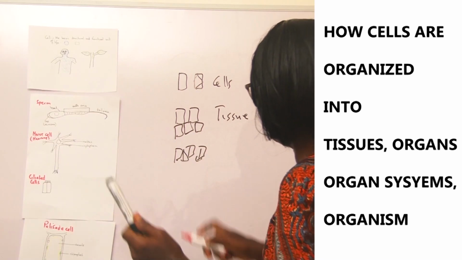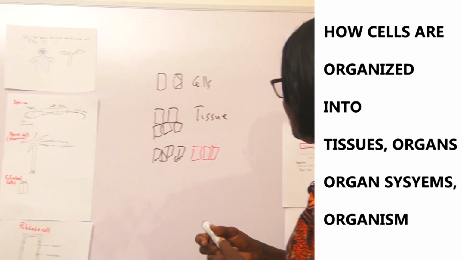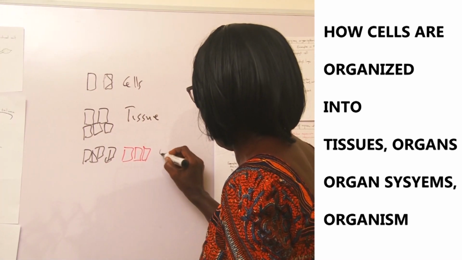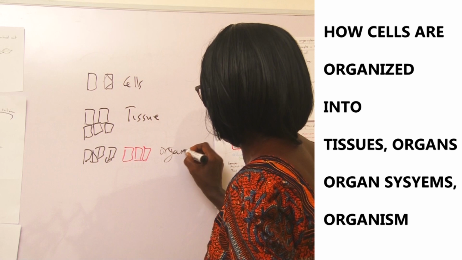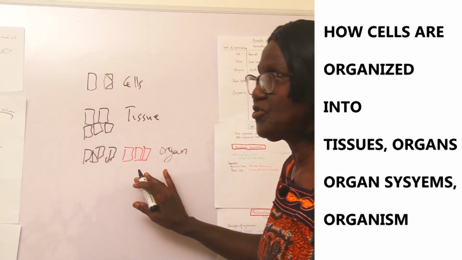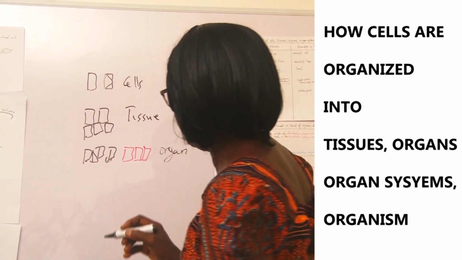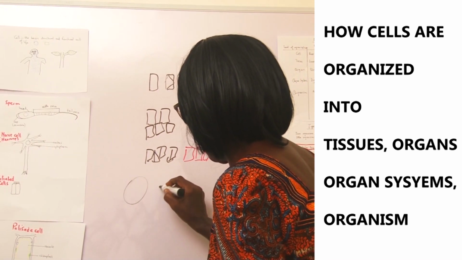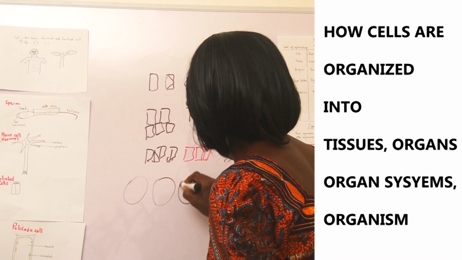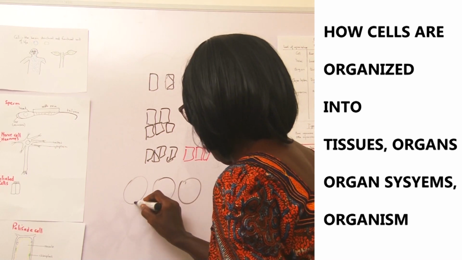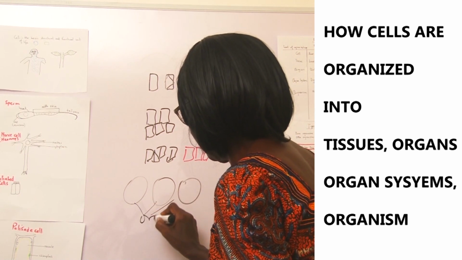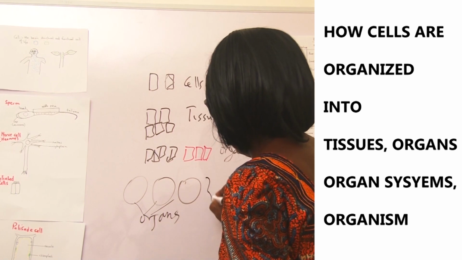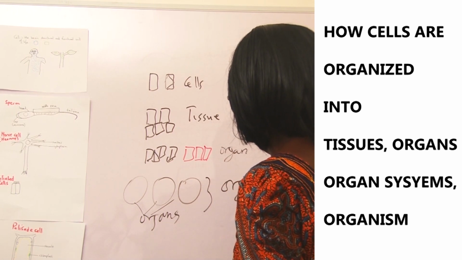and another tissue here, these tissues are put together as organs. A number of tissues are put together as organs. And then a number of organs. So I have organ, organ, organ. So these are organs. And this becomes an organ system.